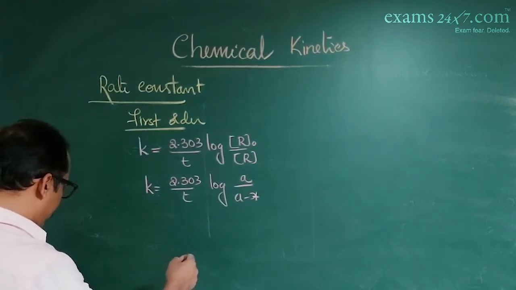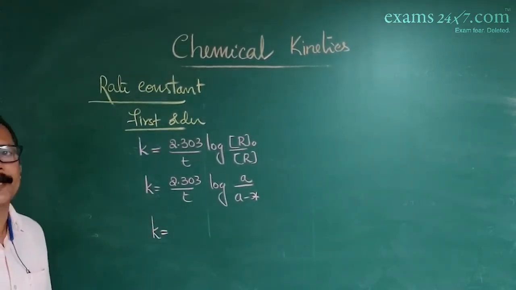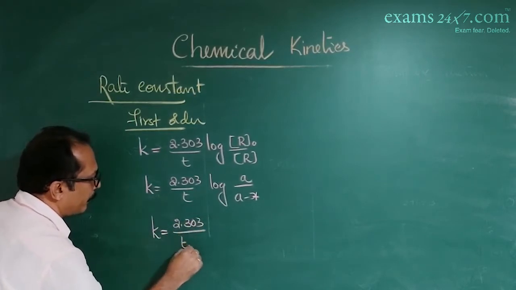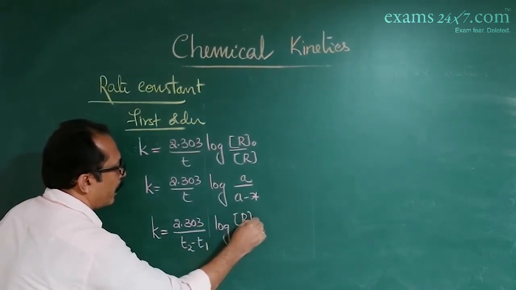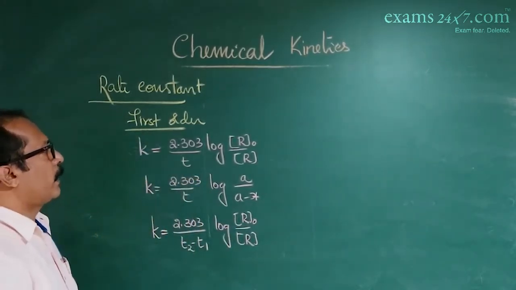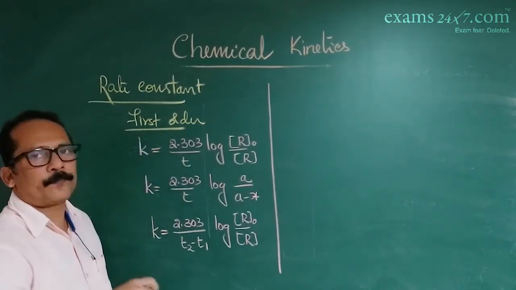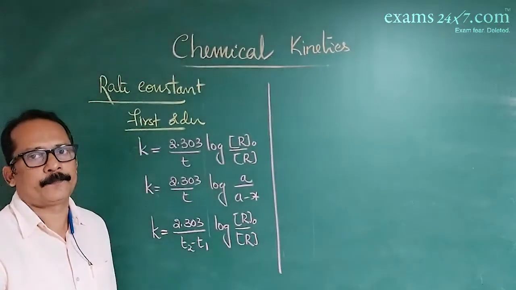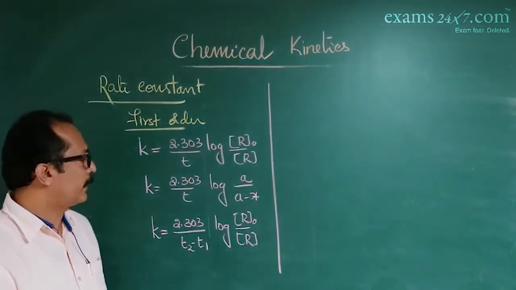One more expression for this, if two different times are given: K is equal to 2.303 divided by t2 minus t1 into log of R naught by R. And one more expression, if the reaction is in solution form and two different volumes are given, initial volume or volume with respect to time and infinite time.